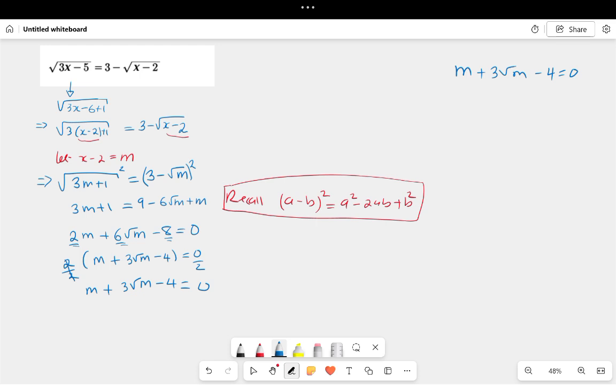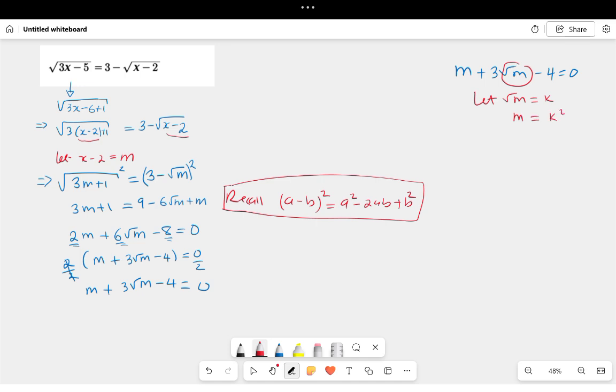Sometimes it's not easy to realize this, but if we make another substitution, we say let the square root of m be equal to k, and therefore m will be equal to k squared.